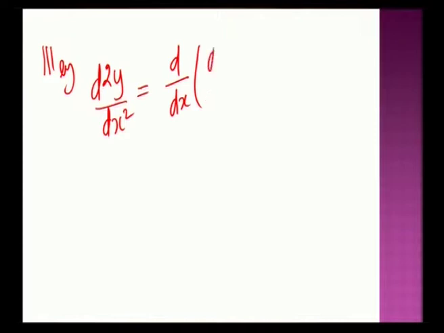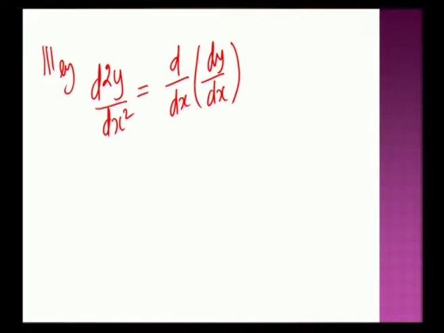for the second order derivative, d square y by dx square is equal to d by dx of dy by dx, that is, d by dx is differentiated again with respect to x.